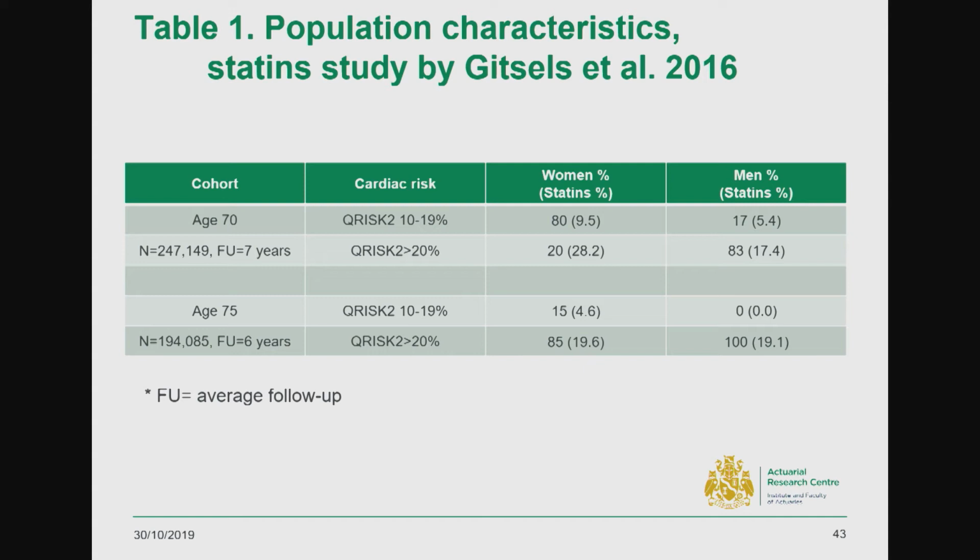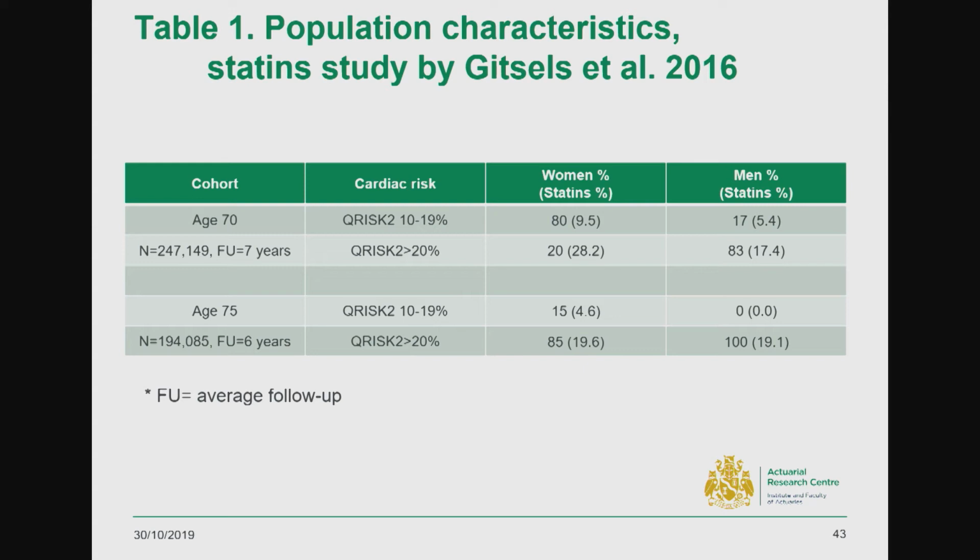So this is kind of interesting because it shows large difference between males and females. For women, you can see that at age 70, 80% were at low cardiac risk group. And for men, only 17% were in the low risk group. So basically, there is much higher cardiac risk for males than for females at age 70.